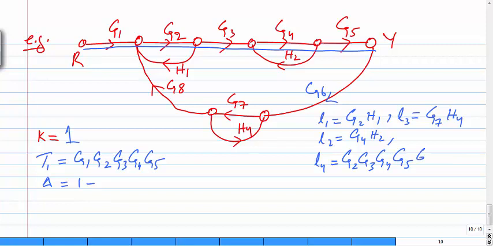So G6, G7, G8. So there are 4 loops actually.